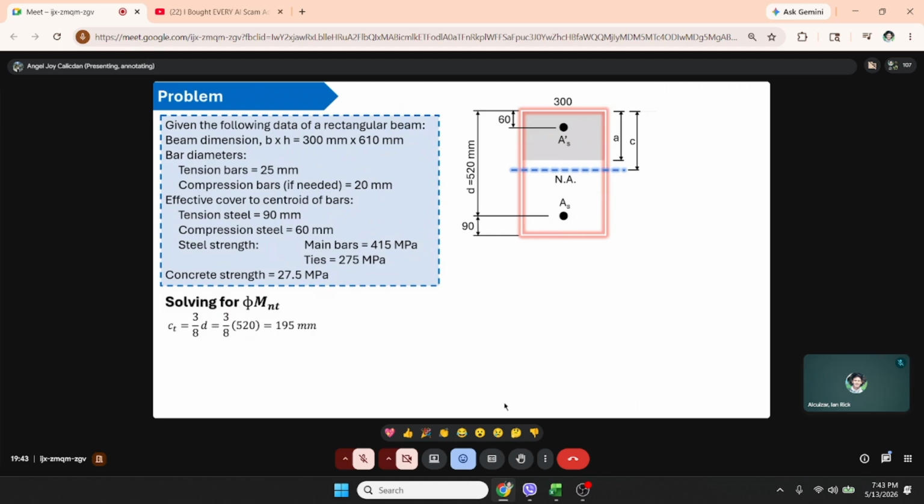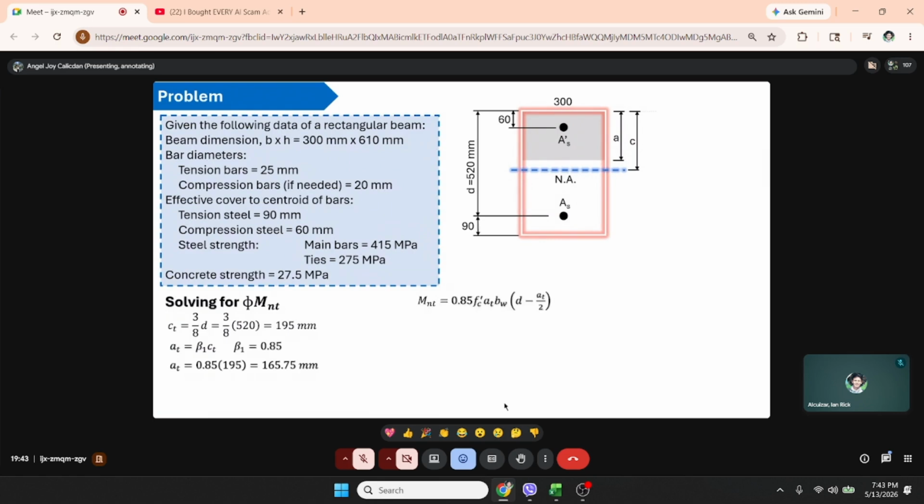So, solving for MnT, so 3 over 8 times effective depth na 520. CT is 195. Multiplied by beta 1 to get aT, we have 165.75.